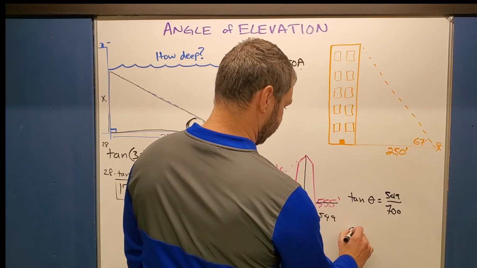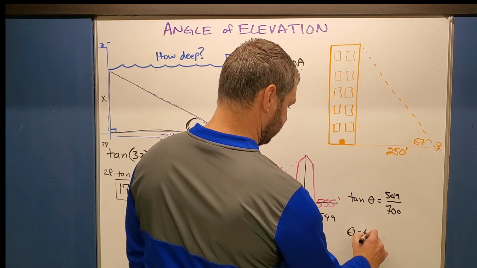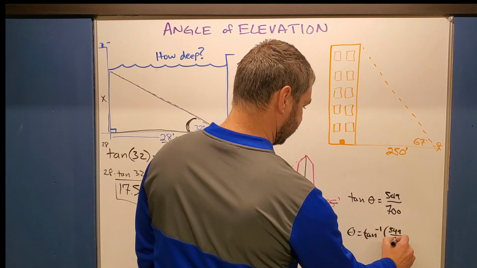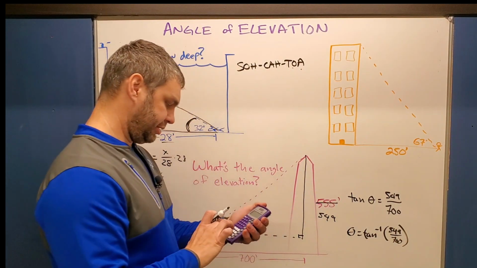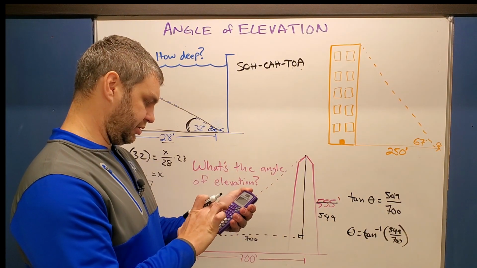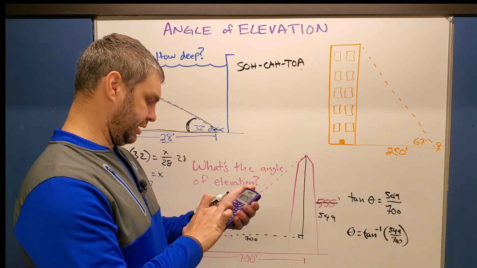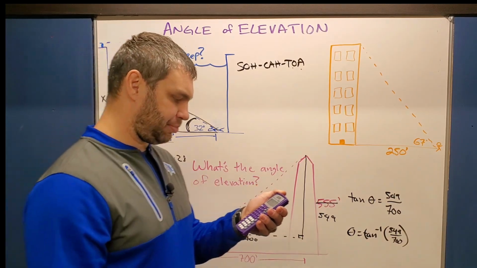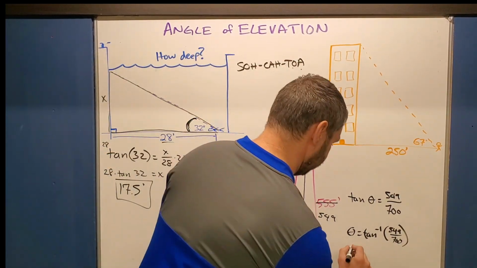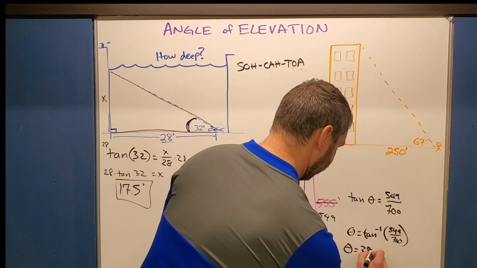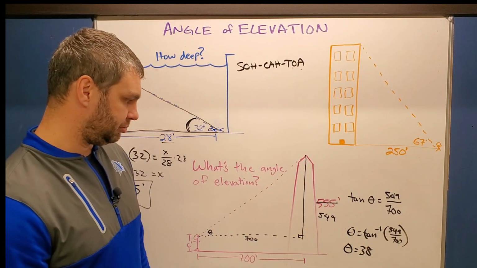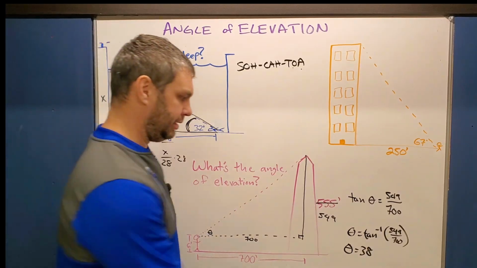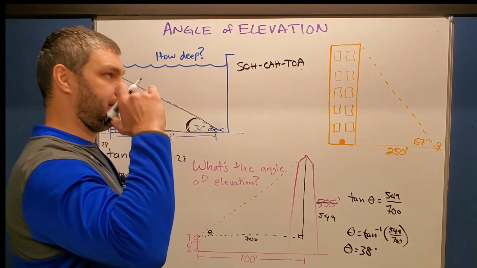Theta will equal the inverse tangent of 549 over 700. Make sure you put in your parentheses there. Inverse tangent of 549 divided by 700 is 38.10. So theta equals 38, and we can round to the nearest whole degree. That's what we're looking for, the angle. So it's a 38 degree angle from where my eyes are to the top of that monument.